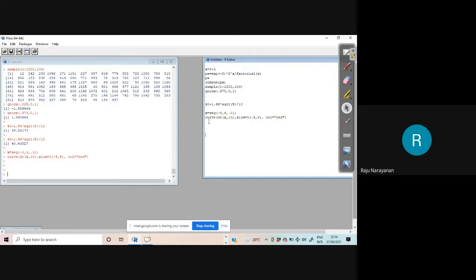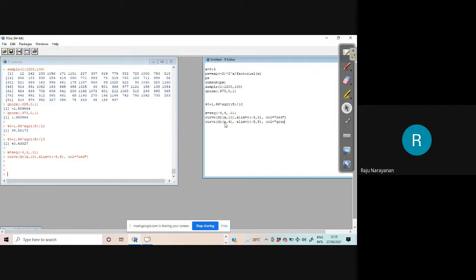Now, curve dt x comma 4 degrees of freedom. xlim is equal to c brackets minus 5 to 5. Okay, and what color can I give?